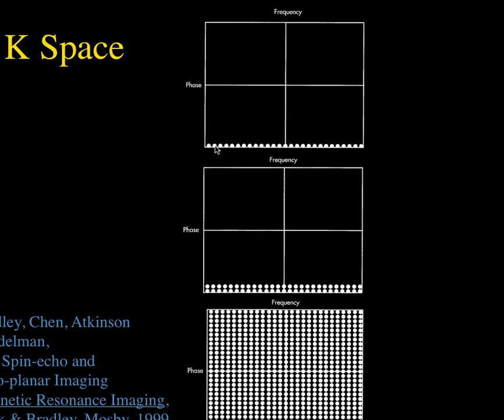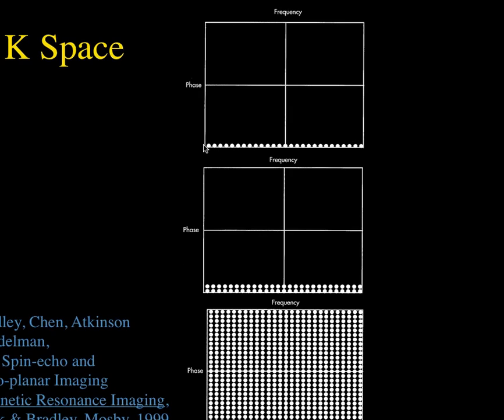So the number of kilohertz in this bin is just going to be the bandwidth divided by our matrix size in that direction. The higher the matrix size, the higher the spatial resolution. So we bin the energy into separate bins, so these are all numbers. They're signal intensities associated with that frequency band that we tag in the frequency encoded direction.